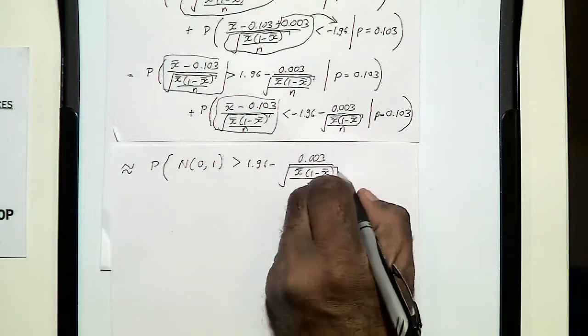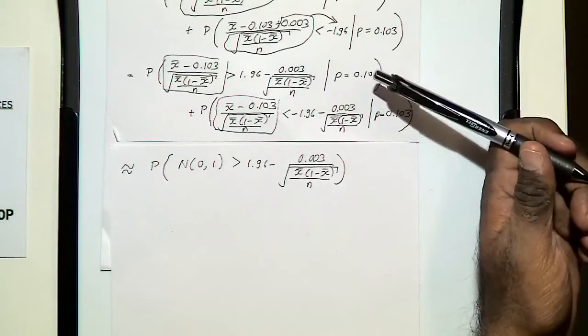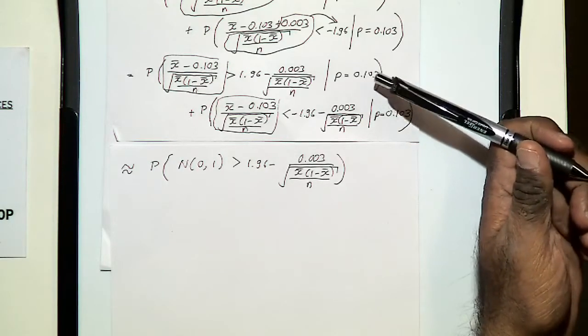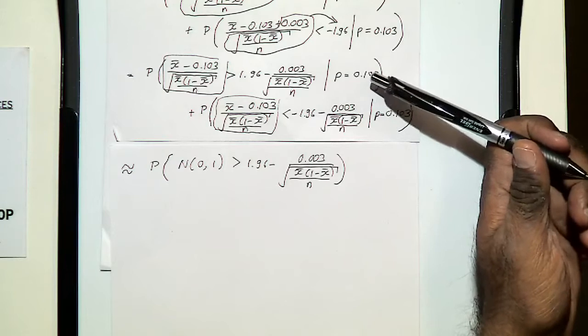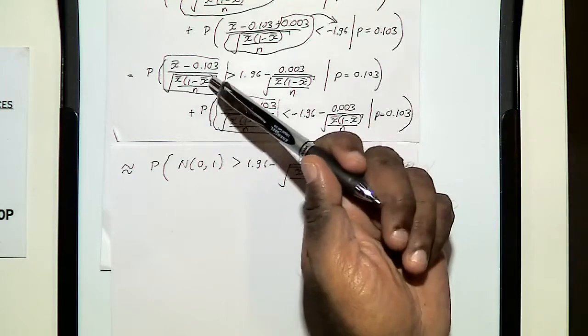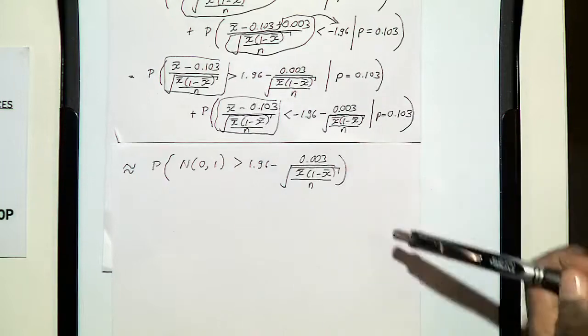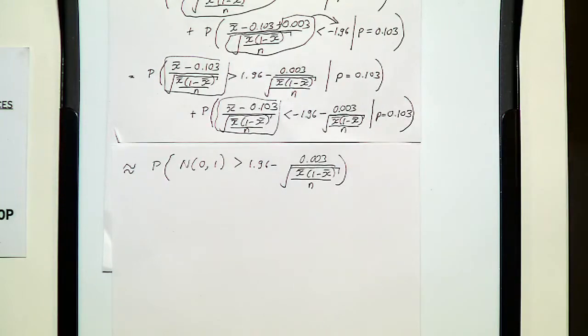Once again, I'm going to remove the conditioning, because we are using conditional on the true population proportion being equal to this. This has an approximate standard normal, and similarly here. So we have used the conditioning, so we don't need to use the conditioning anymore.